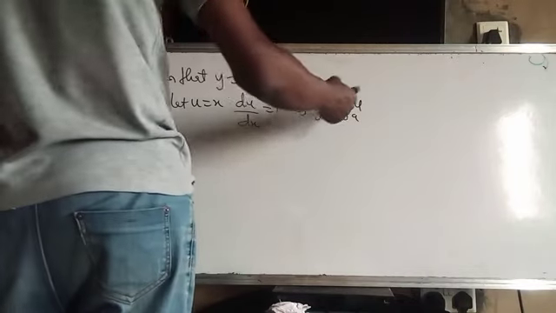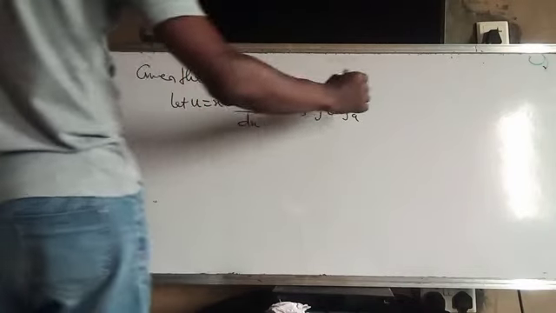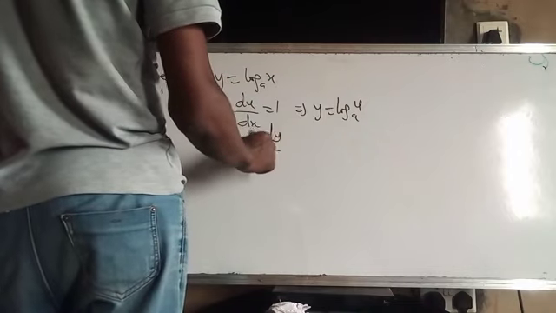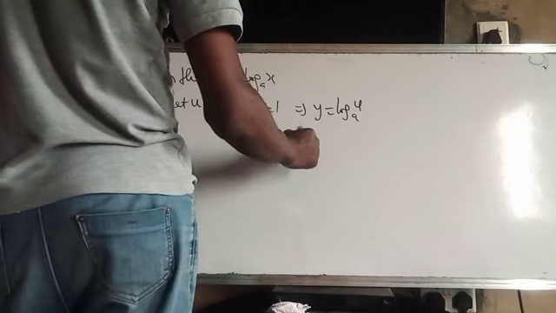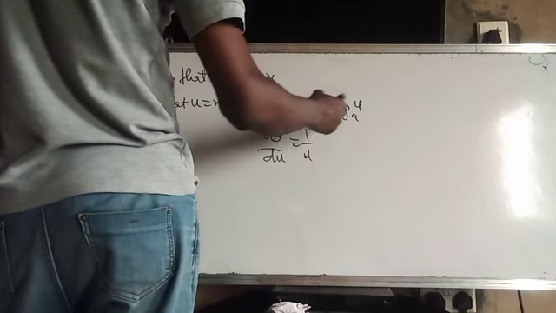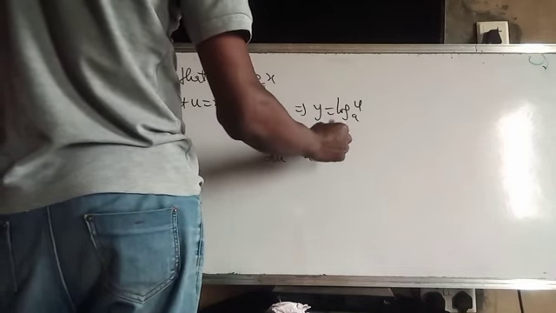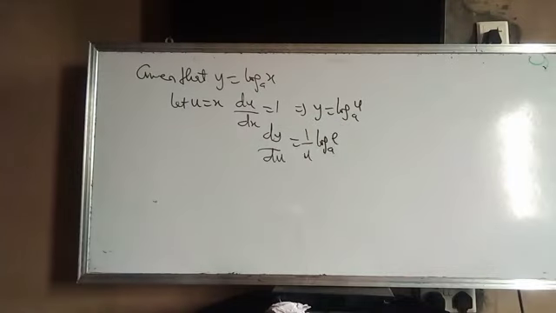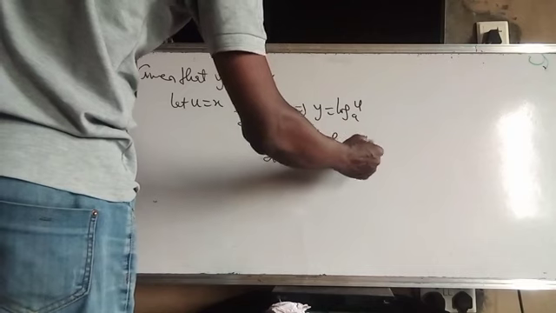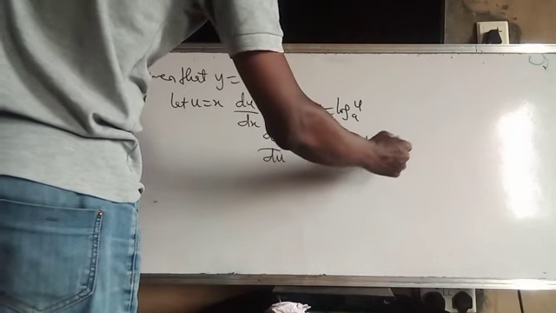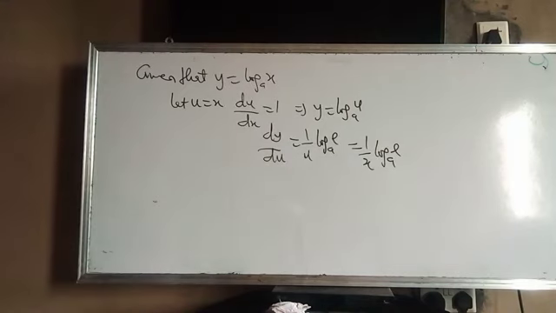Which eventually will mean dy/du will be equals to 1 all over u log e base a, which we have earlier done. Now, you know our u is x, which will be 1 all over x log e base a.